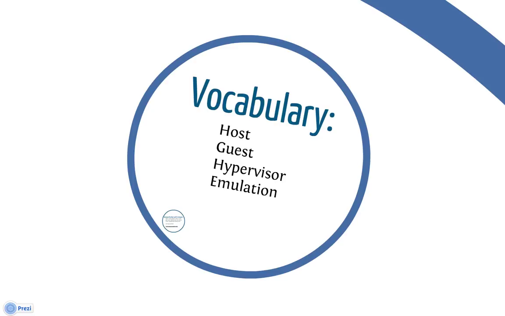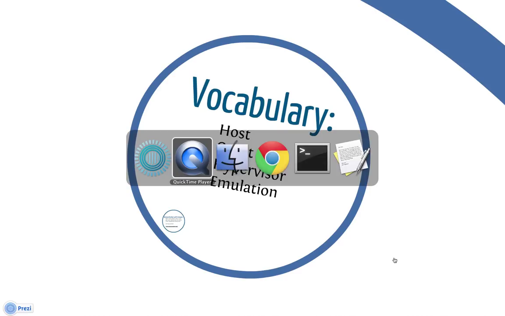So, for example, if my laptop has Windows installed on it, and inside of my Windows program I have a machine, let's say VirtualBox, and inside of VirtualBox I have Windows, then the inside Windows program is the guest, and the outside host is my laptop that's running everything.